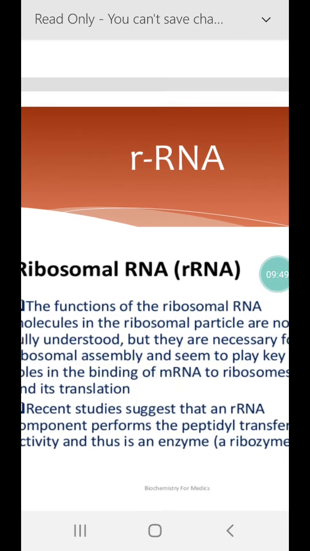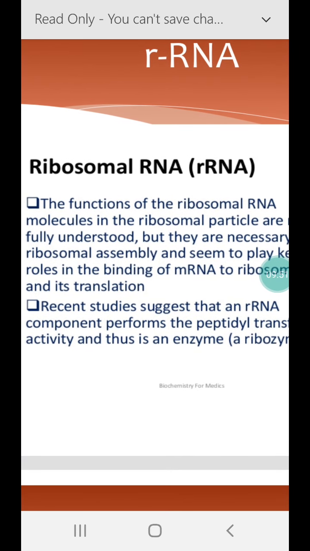The functions of ribosomal RNA are not fully understood, but it is definite that ribosomal assembly seems to play a very key role in the binding of mRNA to ribosomes and in the process of translation.